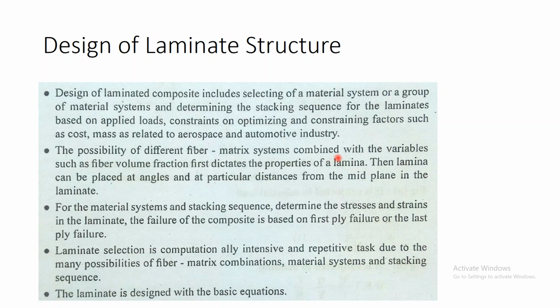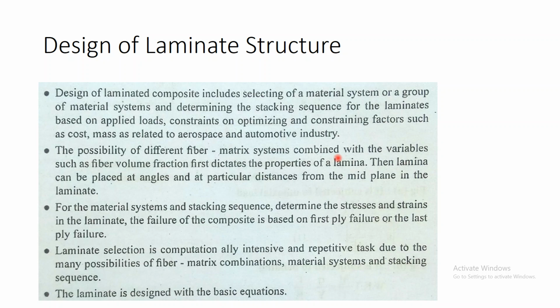The next step we should consider is the selection among the many possibilities, like fiber matrix combinations, material systems, and stacking sequences. By considering all this, we are going to design a laminate structure.